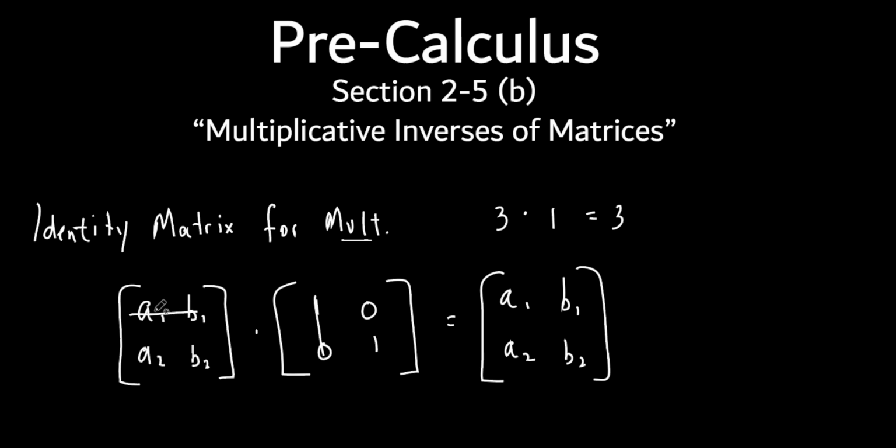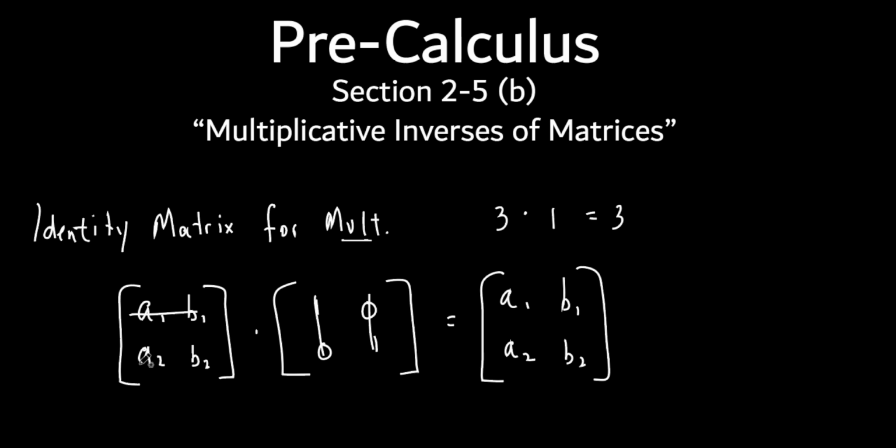So A1 times 1 is A1, and then plus B1 times this 0 is 0. So I've got an A1. Now I do this times this one right here: A1 times 0, which is 0, and then B1 times 1 is B1. So that does work, doesn't it?